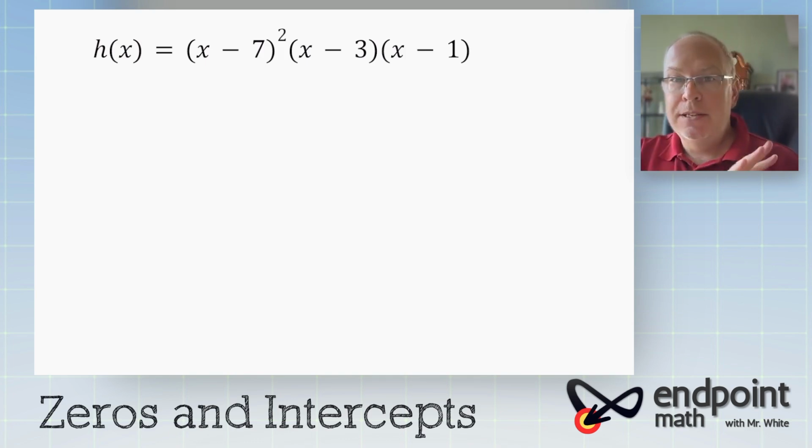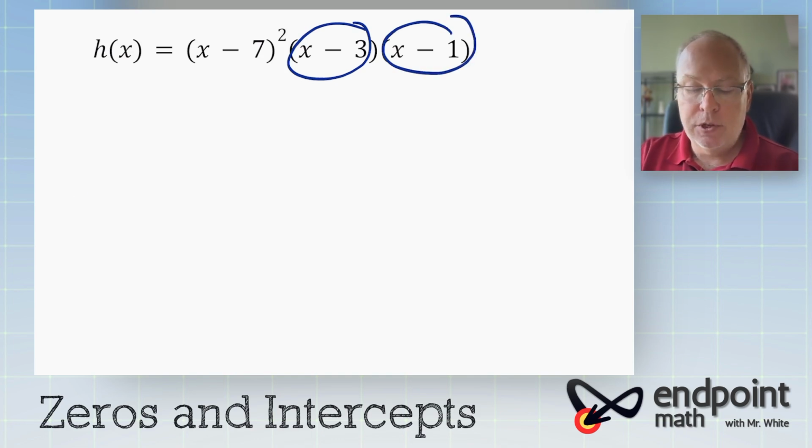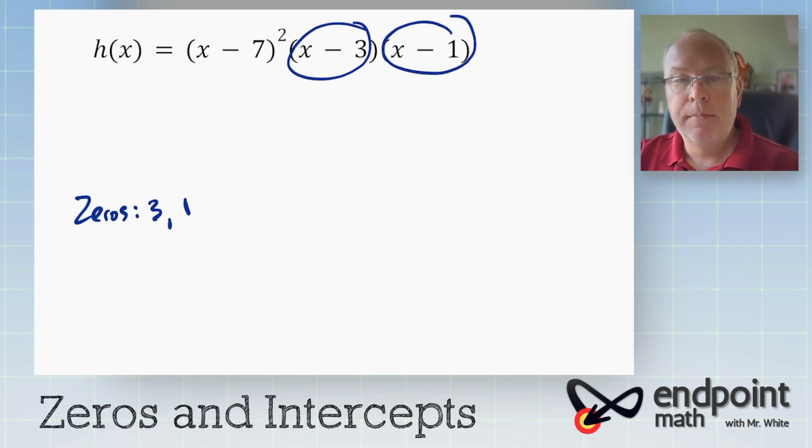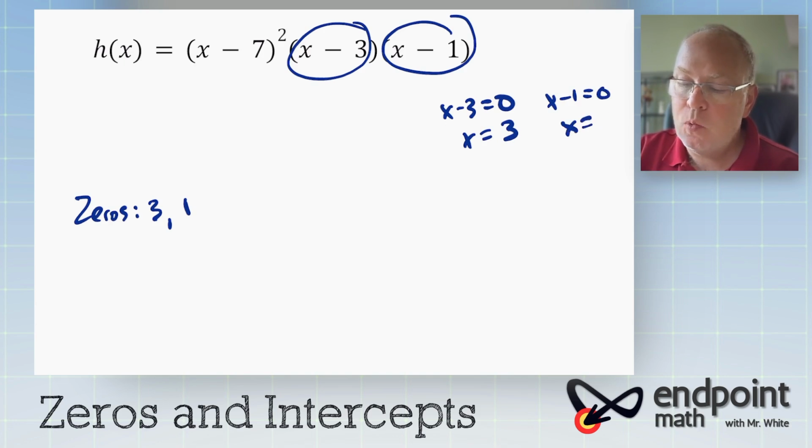All right, it's in factored form, so that's nice. We have zeros generated by this factor and this factor. So we've got some zeros, and they're 3 and 1. Because if you set those equal to 0, you end up getting 3, and then if I do it again, I get 1, right? x minus 1 equals 0, x equals 1.